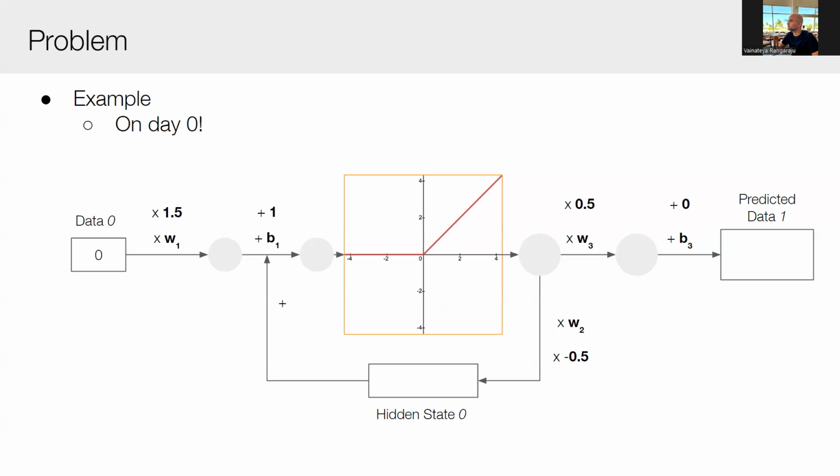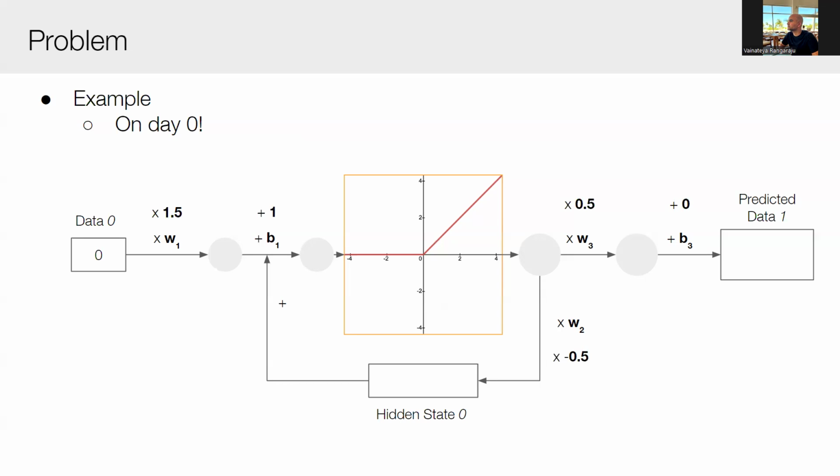Oh, sorry about that. So what would happen on the first pass through? On day 0, let's say that we don't have any data for it. We basically input some 0 value. 0 multiplies by our 1.5, which is W1. It adds to bias 1, and then it passes. And notice how this is the first day, so there's no day before it.